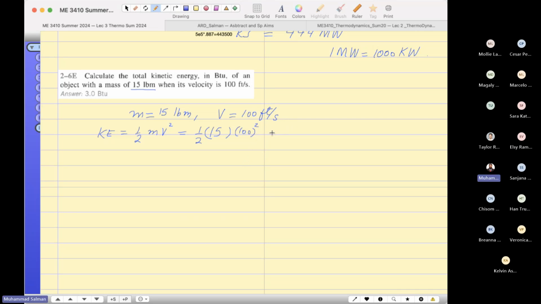And this is in terms of pound mass and feet square per second square. And if you do the math here, I'm going to write down 7.5 times 100 square. This is in terms of pound mass.